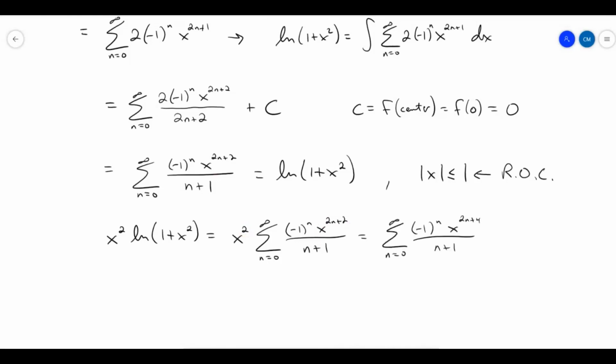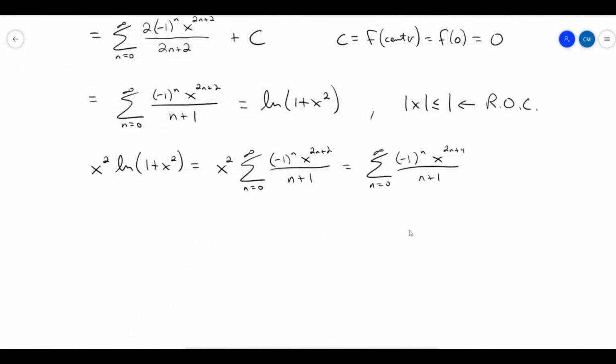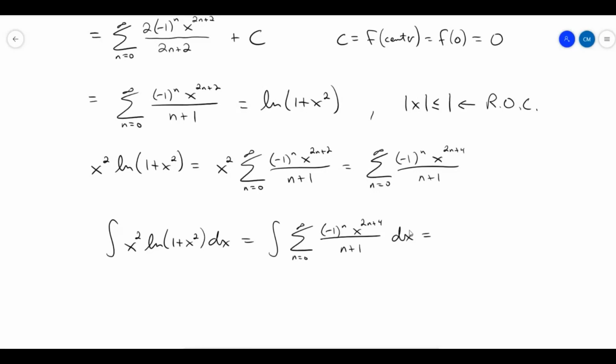All right, so now what we finally have here is a power series representation of the integrand, okay? So now our last step is that I actually want to integrate that. I've got a power series representation for x squared ln 1 plus x squared now, and my final step is just to integrate it. And again, that just requires the power rule.